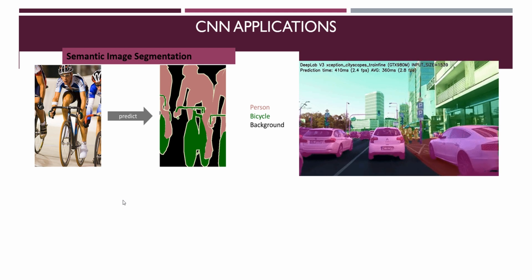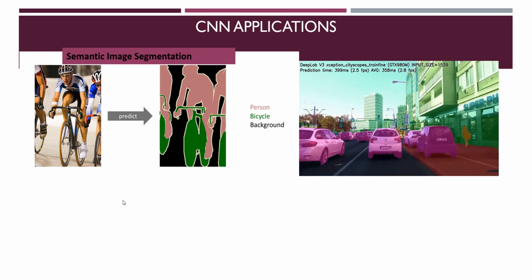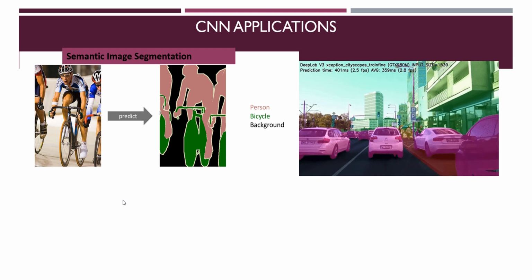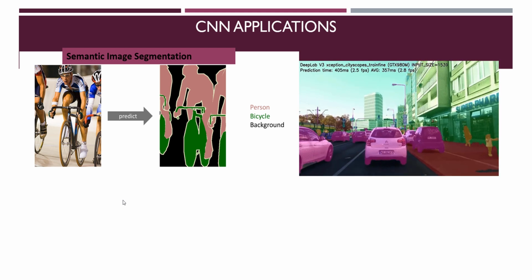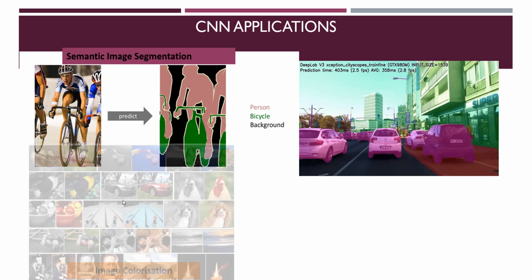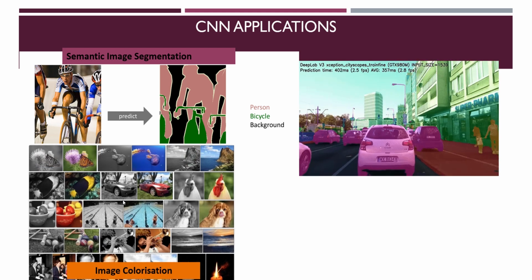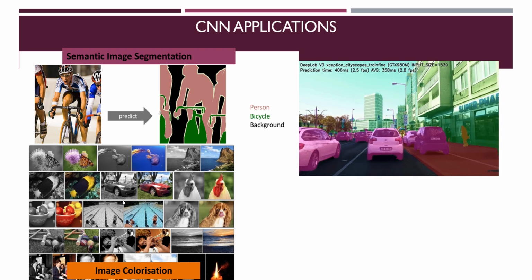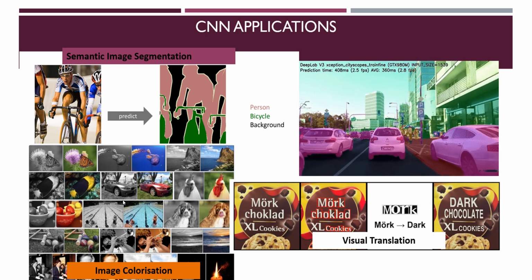So computer vision, basically, all the applications which are under the umbrella of computer vision can be solved using convolutional neural networks. And this is an application of image colorization which can be done, and visual translation.